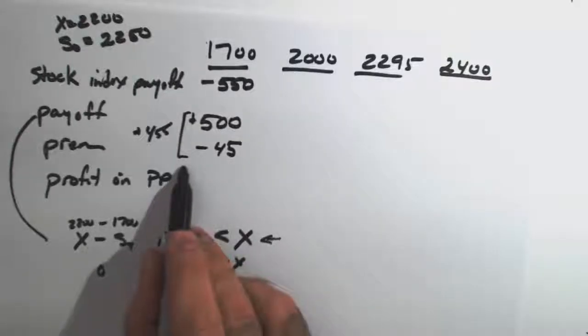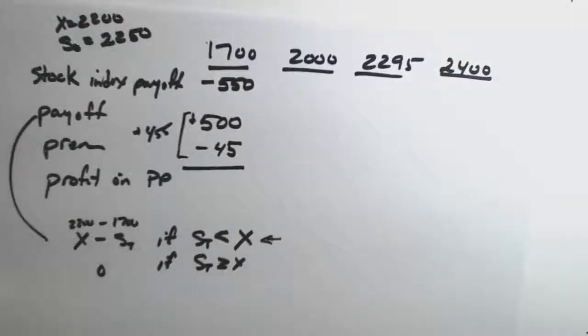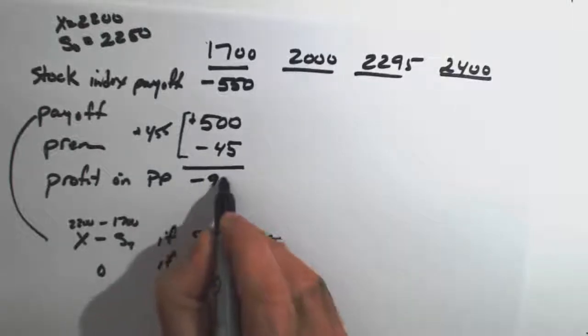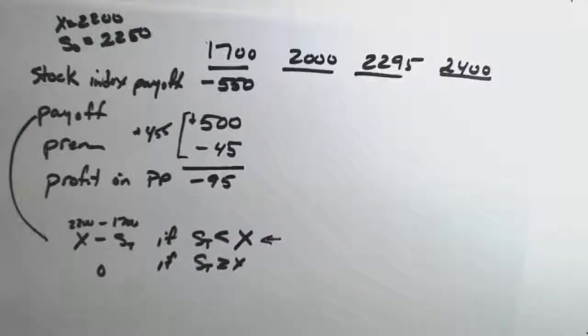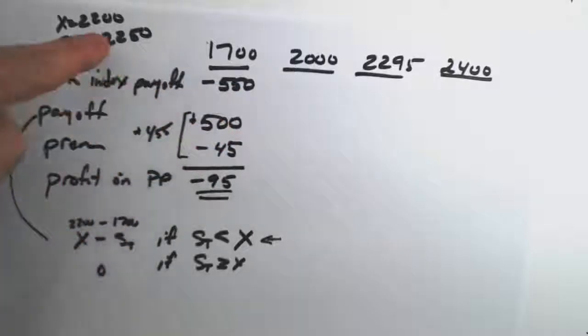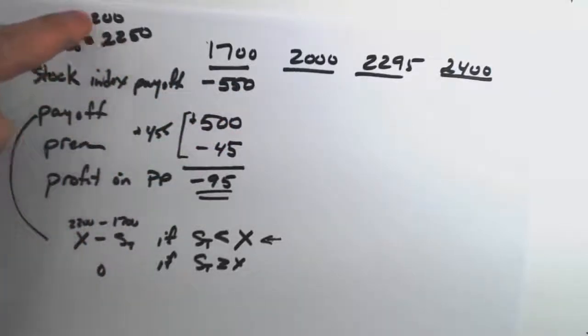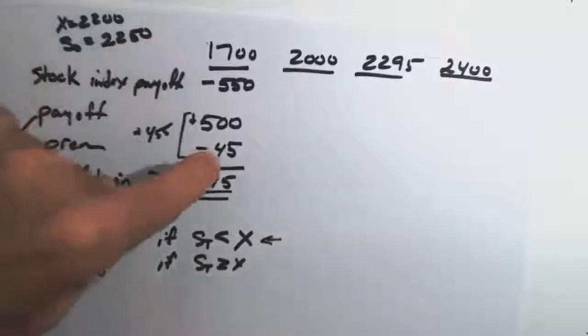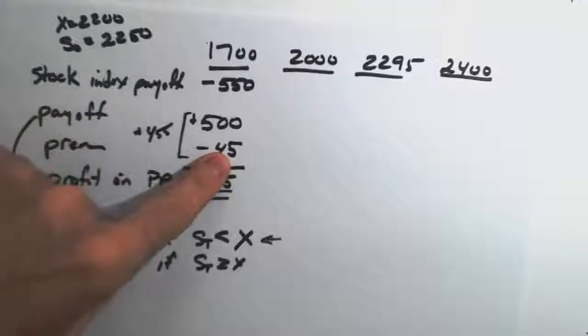Now, the overall profit from this position will be minus $95. And so we lose $95 on this position. Part of it was the $50 from the fact that we bought an option that was slightly out of the money by $50. And when you have an option that's slightly out of the money, it means the premium costs less.